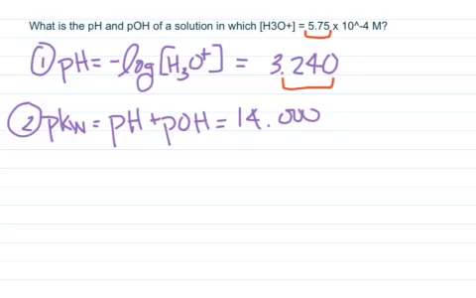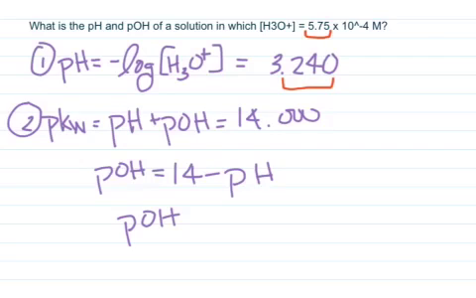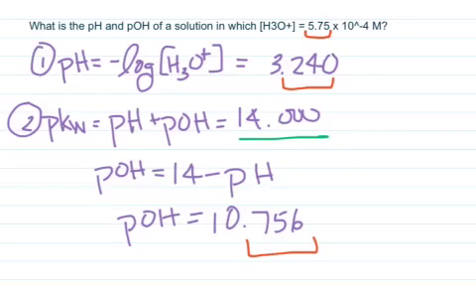We can plug in to find pOH is equal to 14 minus pH to give us pOH is equal to 10.756. So again, we need to have 3 significant figures after the decimal point. Why? This number here is a known number, so it can have as many significant figures after the decimal point as needed. But this is the number we were looking at for sig figs, as well as this number.